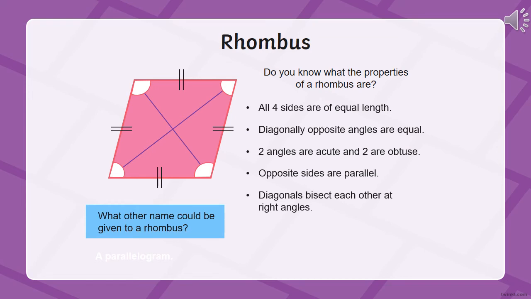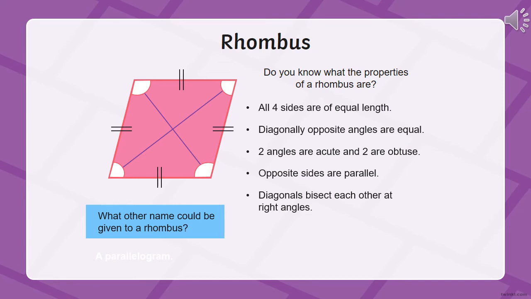Next we have a rhombus. The properties of a rhombus are all 4 sides are equal length. Diagonal opposite angles are equal. 2 angles are acute and 2 angles are obtuse.